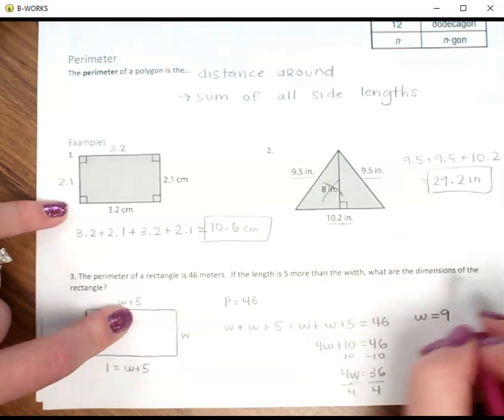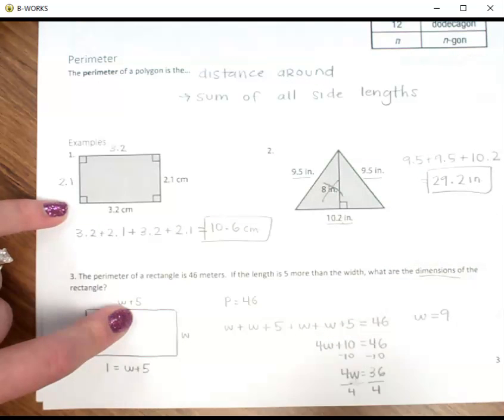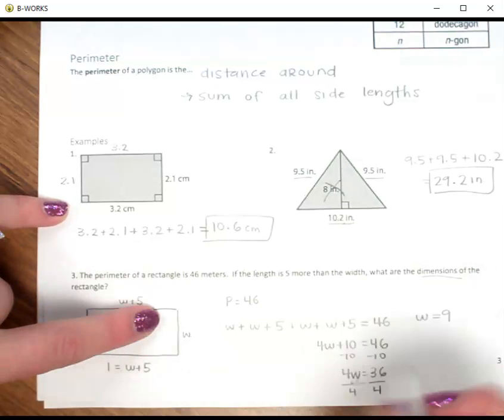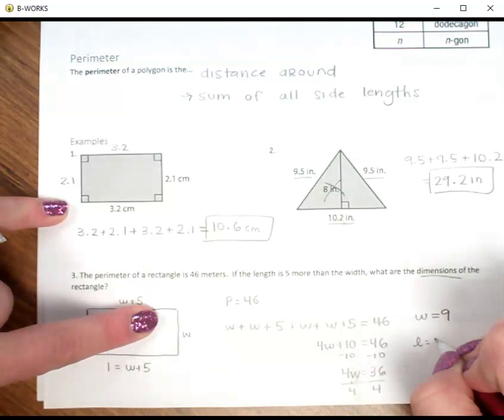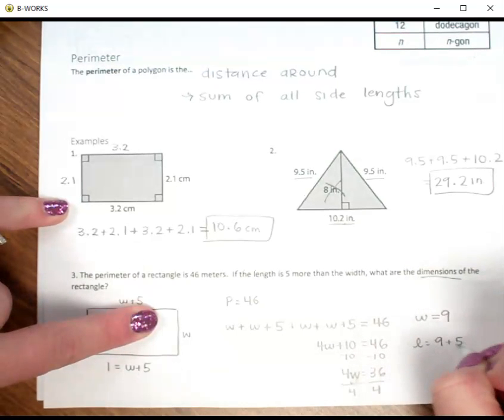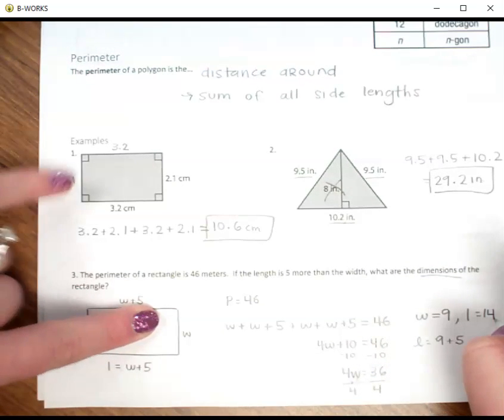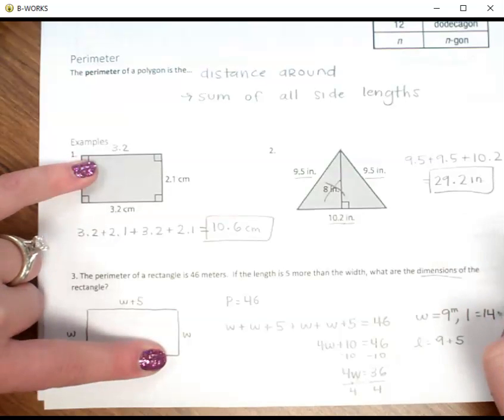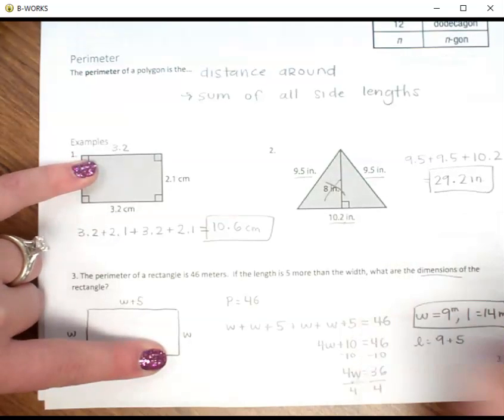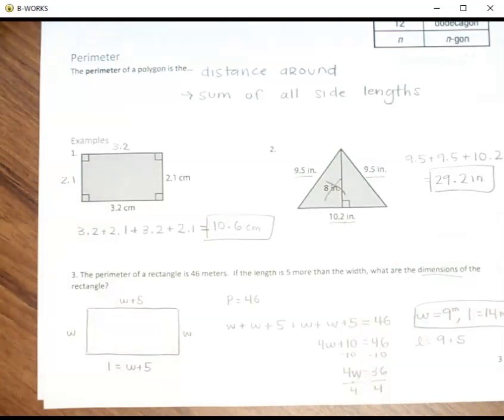But I want the dimensions, so I need both the length and the width. Since my length was my width plus 5, my length is 14. So 9 meters and 14 meters for the dimensions of the rectangle.